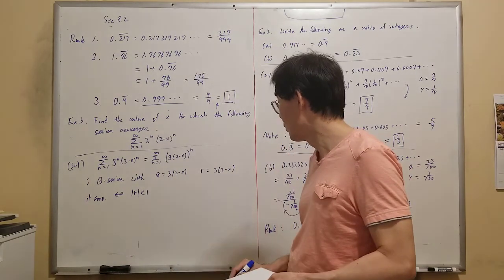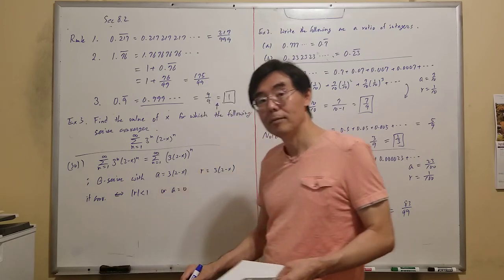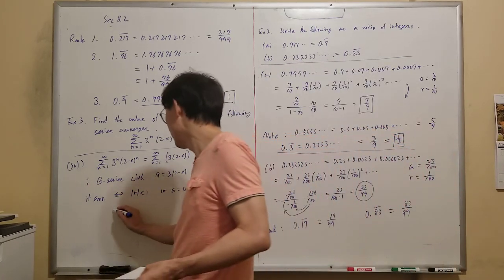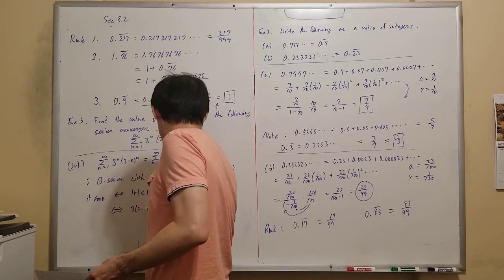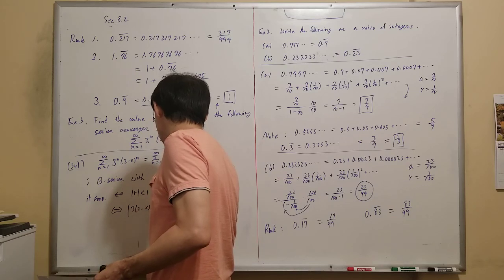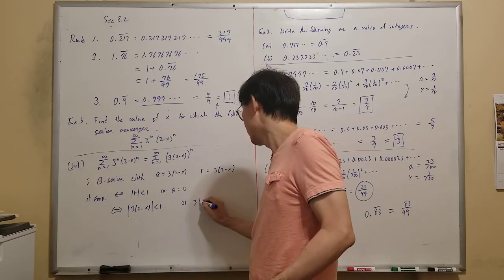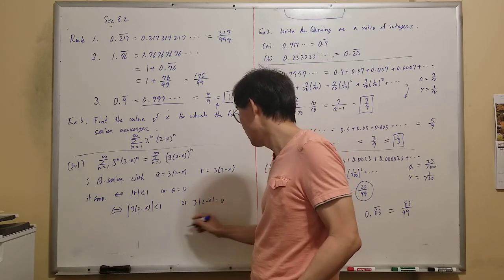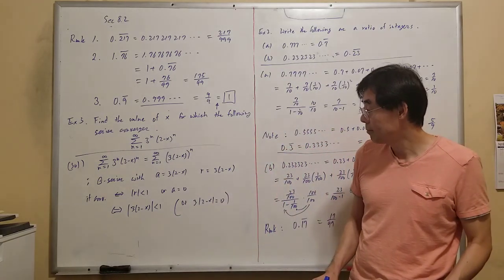Alright? Or a equals 0. So what is it? The absolute value of r is 3 times 2 minus x, and this is less than 1. Or a equals 0, so we don't need it. Less than 1 includes 0, so this is already included here, and we don't have to worry about it.